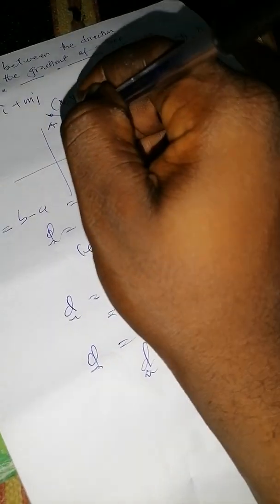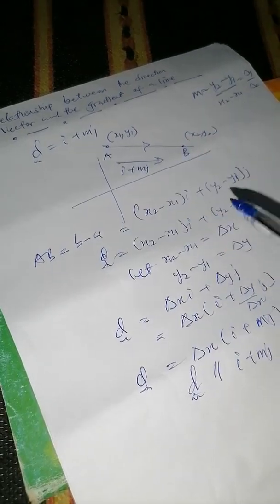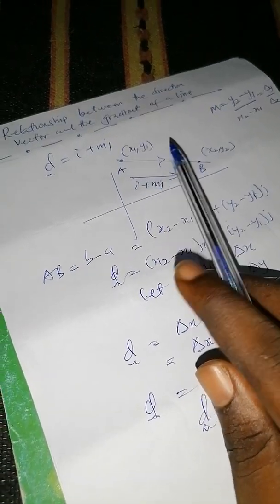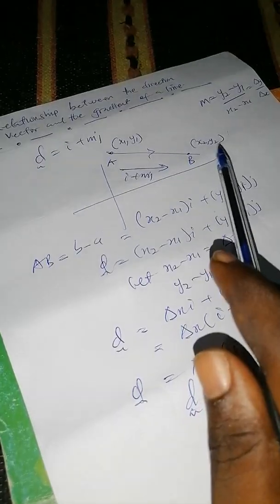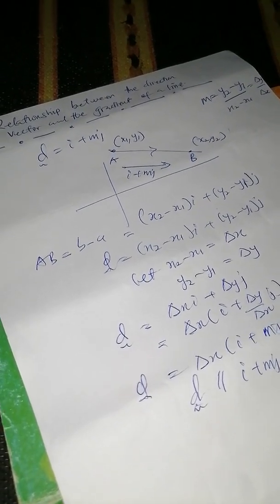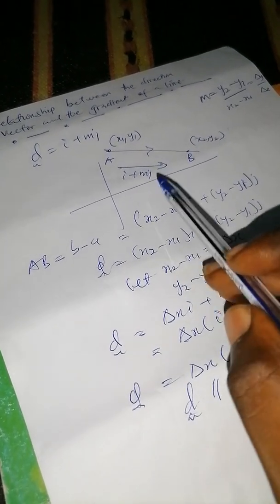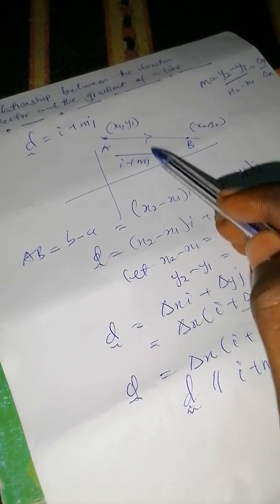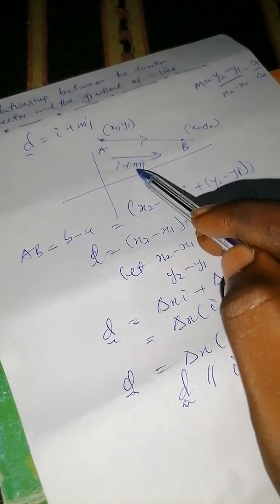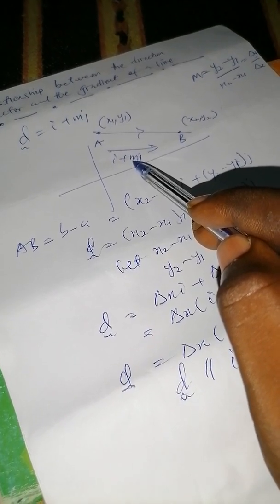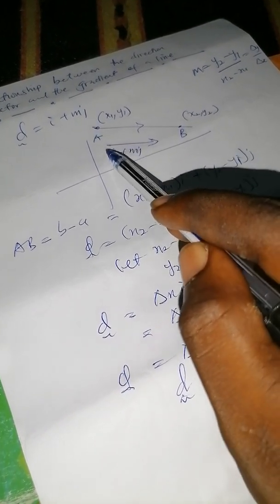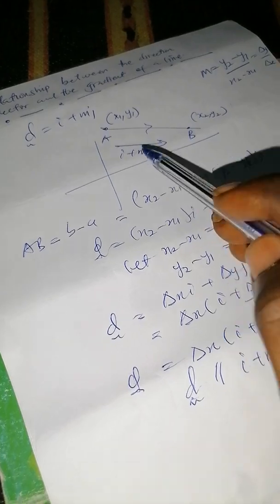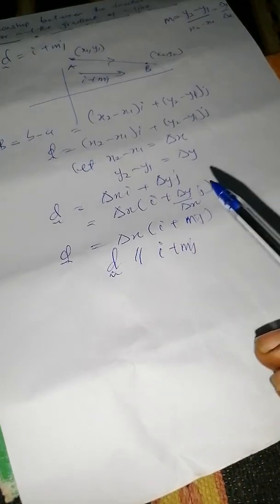Now if your direction vector is parallel to another vector, this i plus mj, it means that this i plus mj also gives you the direction of this line. So even if you don't know the actual direction vector of the line and you know the gradient, it means that your direction vector will be parallel to this vector, which is actually your gradient vector. Let me call it your gradient vector. So it means that you can use this vector i plus mj as the direction vector of your line.